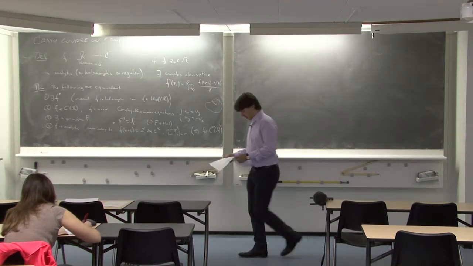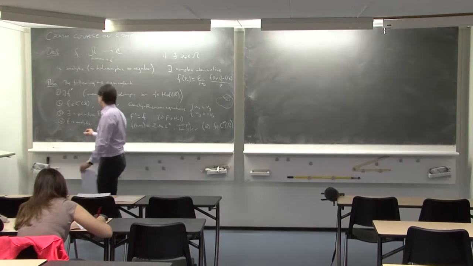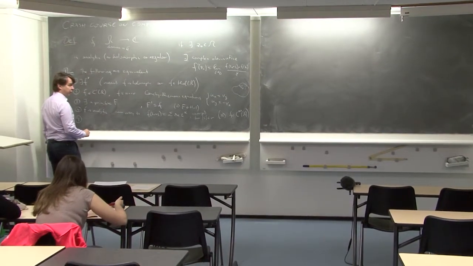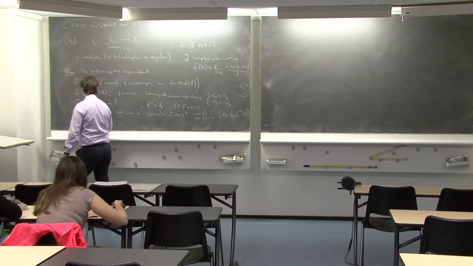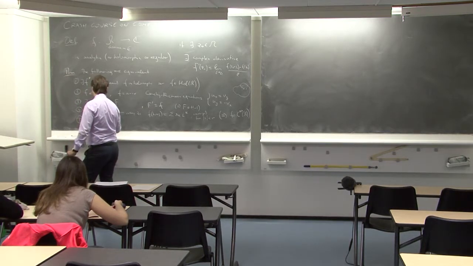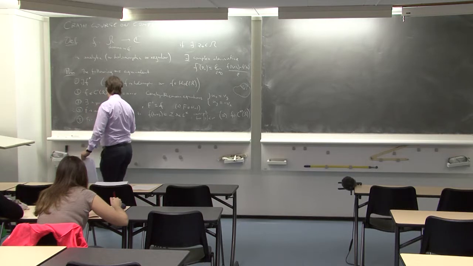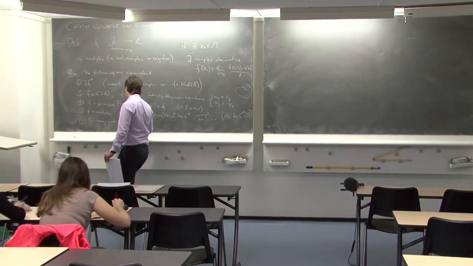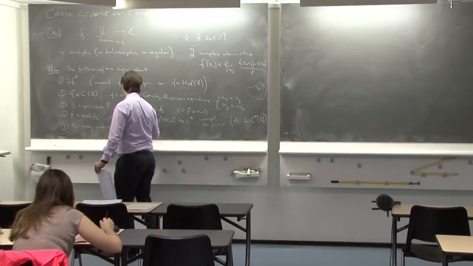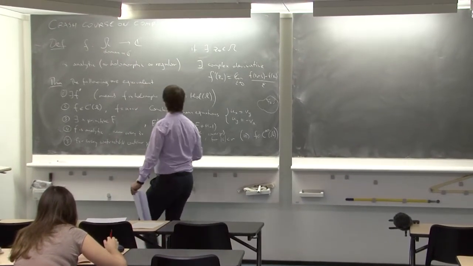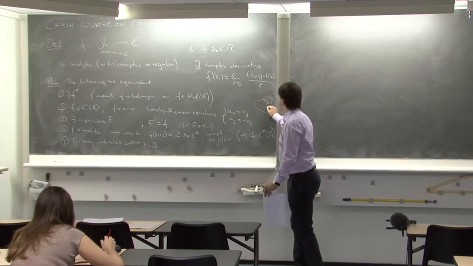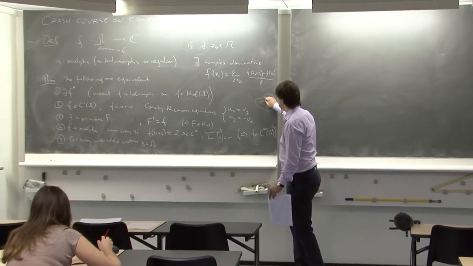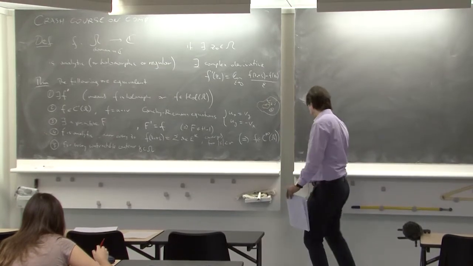And let me say the other thing: for every contractible contour gamma inside omega. By contractible, I mean that omega might have a hole, and I want only contours which don't go around the hole.